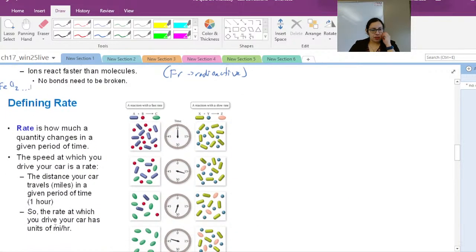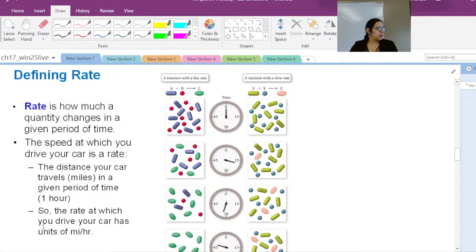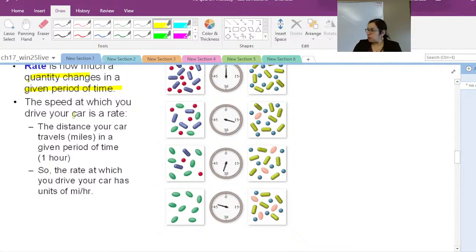And then, let's just look at our few definitions. We have our rate, and we'll be looking at the rate of our chemical reaction. It's defined as how much a quantity changes in a period of time. You might be familiar with the speed rate. If we're trying to figure out the miles per hour of a car, the distance your car travels in a given time period would give us our miles per hour.